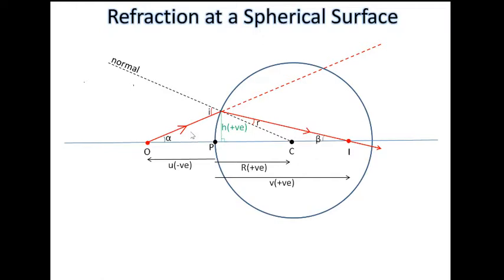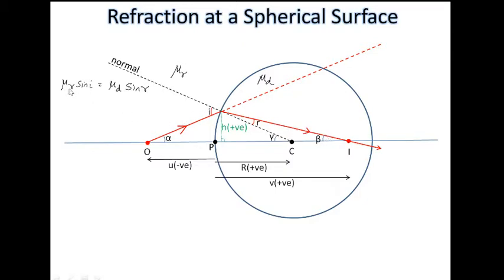So we will be calling the angles made by the incident ray, refracted ray, and the normal or radius of curvature as alpha, beta, and gamma. And the refractive index of the rarer medium is mu r, and of denser medium is mu d. And we will start our derivation with Snell's law of refraction, because refraction is what is happening in this case.